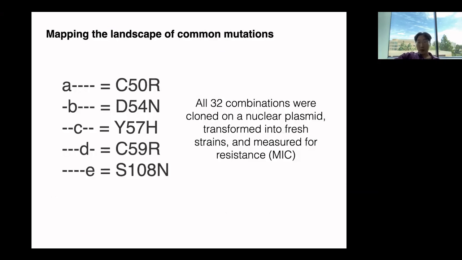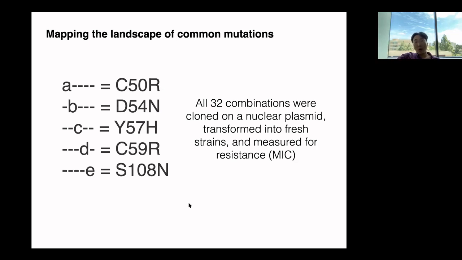So both to explore that particular hypothesis and just to get a general sense of the important regions defining this fitness landscape, what we did was we took the mutations discovered in this forward evolution experiment and took the most common 5 mutations, which are shown here, right?